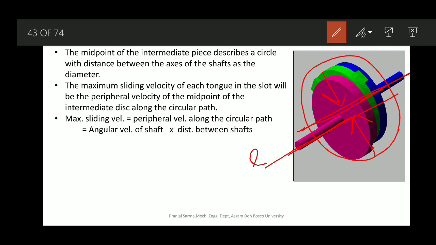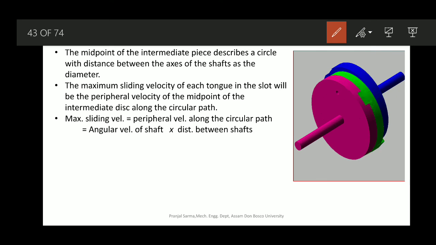Now in this Oldham's coupling, you can see this is one flange part, the blue part is another flange part, and this green is the intermediate link which connects both the flanges. There is a slot cut on the right side, and similarly another slot on the blue side.